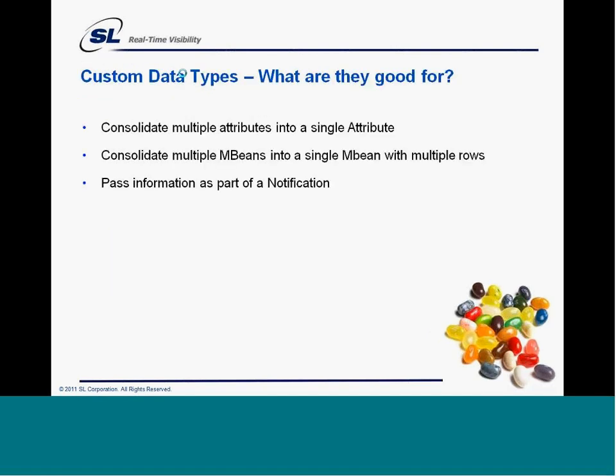So custom data types, they're kind of a pain to create. They're not very intuitive by nature, but they have some really valuable properties. The first is to consolidate multiple attributes into a single attribute.